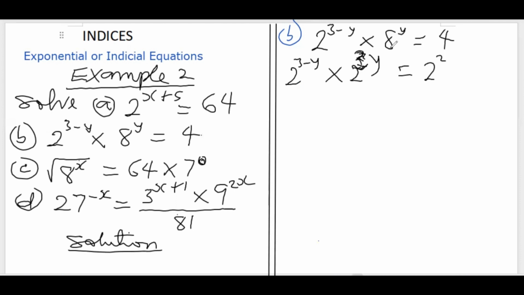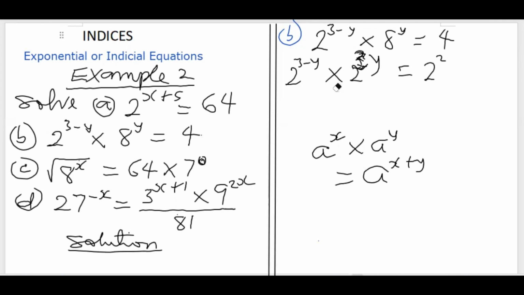Now, our target is to equate the powers at the end of the day. But if you look at this left-hand side, make it a single base before you can do that. To make it a single base, we remember one of our laws that says a to the power of x times a to the power of y is the same thing as pick one base, add the powers.